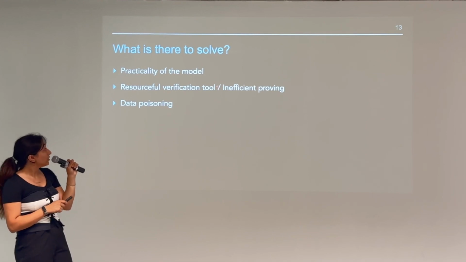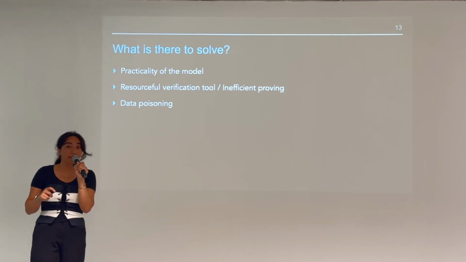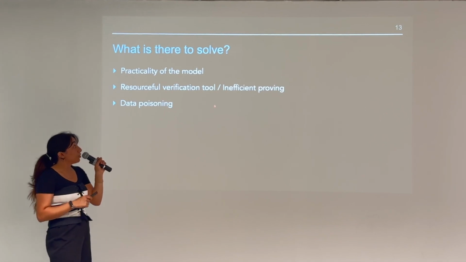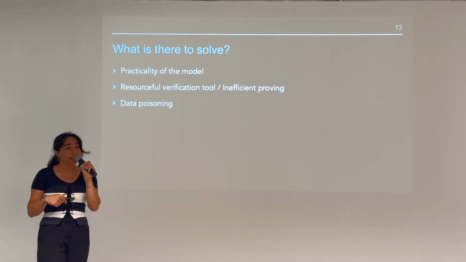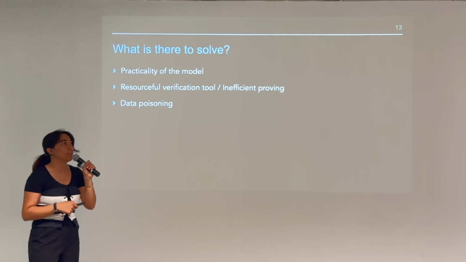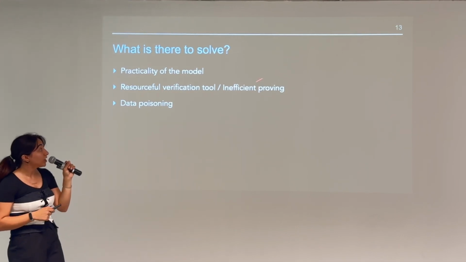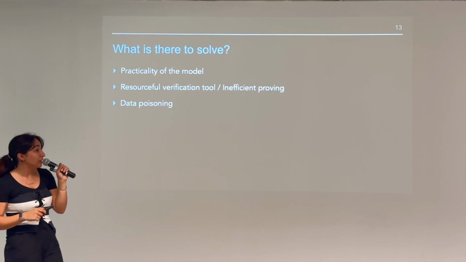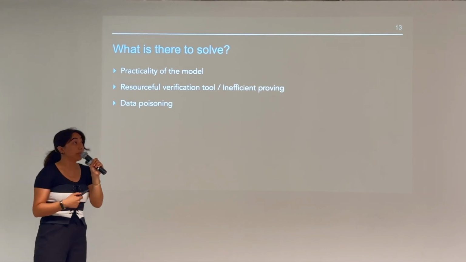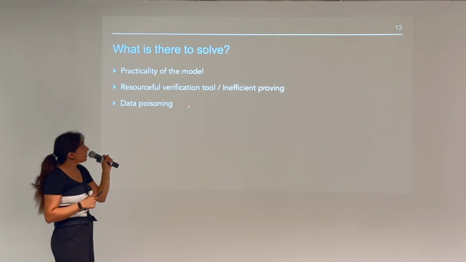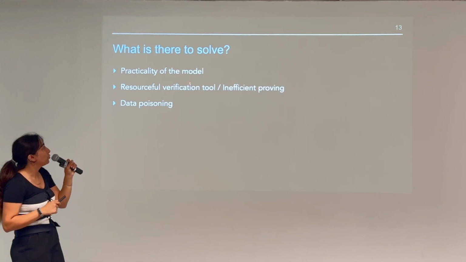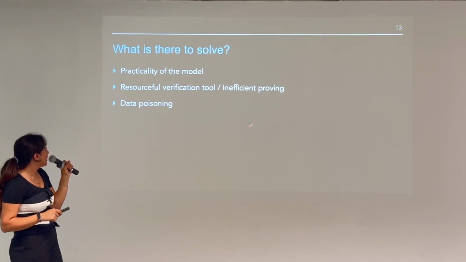But we were not able to do this because zkSNARKs, and ZKs more or less, are very resource-intensive, and the proving schemes are too. So the computation overhead is a bit high. What we're looking into at this moment is using different methods of ZKs, or coming up with a more efficient, optimized verification scheme.